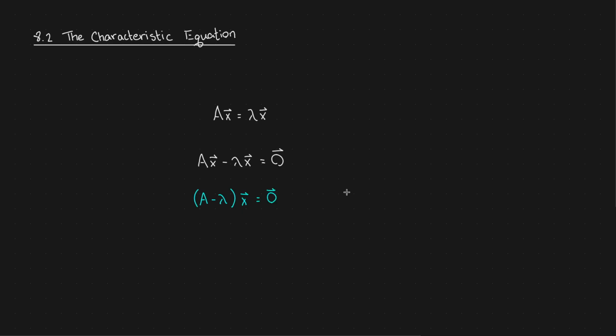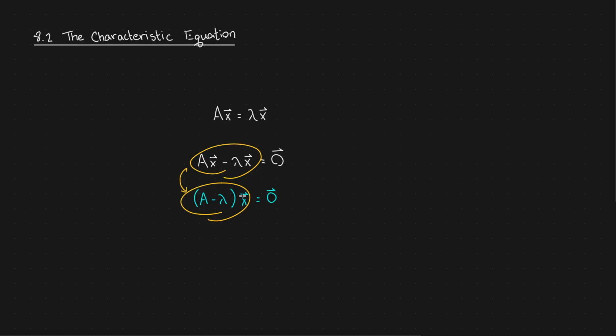The problem is this isn't actually well defined. A is a matrix, lambda is a scalar. Matrix scalar subtraction isn't well defined. We don't know what that means. Okay? Distribution or factoring in this way doesn't make sense.